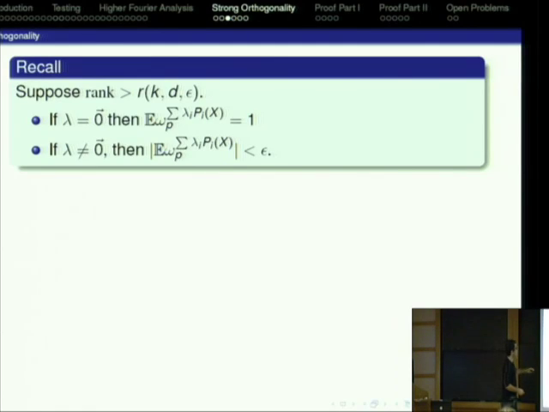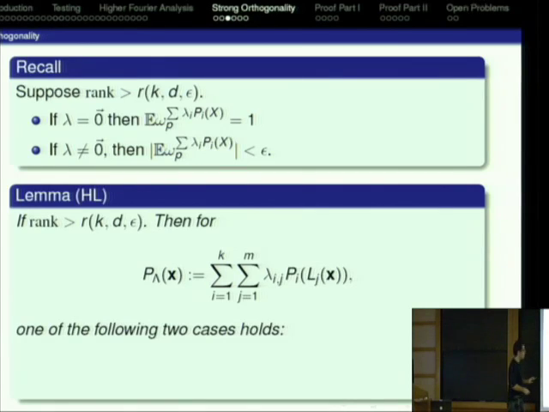Okay, so we had this almost orthogonality when the rank is high. Now, the first lemma, again a very central part of the proof, is the following: we want to prove something similar for these linear forms. The lemma says that if your rank is high enough, and you look at this polynomial in these multivariables, each one a vector, with these linear forms, then one of two cases holds.